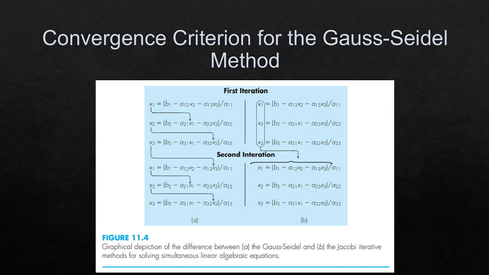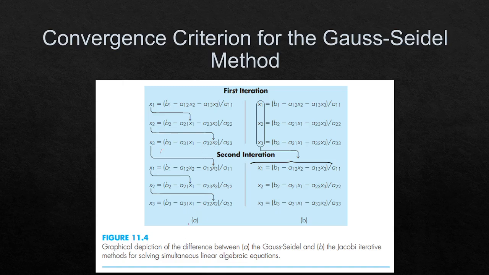Just a quick step back: Jacobi is the first method that was used before, and then they tried to improve the convergence of the method until they ended up with Gauss-Seidel. Here we have the different placement of values for Gauss-Seidel, which is letter A, and for Jacobi, which is letter B.